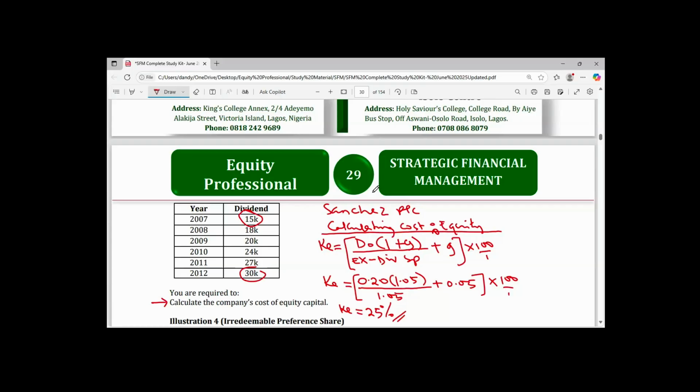So you need to calculate your growth rate. Are you using the historical pattern of dividend payment, or Gordon growth? You are expected to use the historical pattern because the history of dividend payments is given. Let me switch to the working notes so that we can quickly solve this.